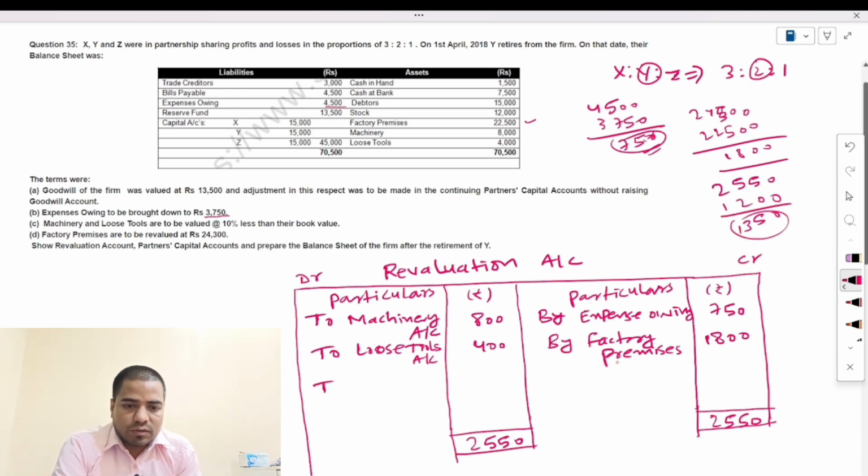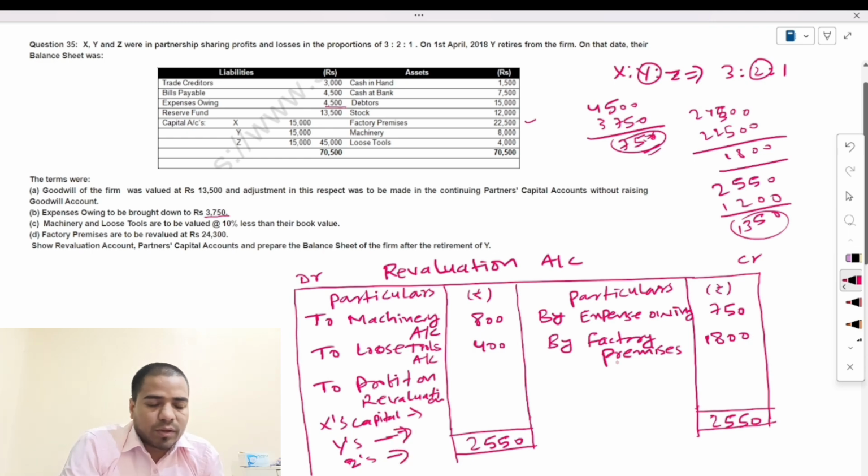We will transfer this one to profit on revaluation: X's capital account, Y's capital account and Z's capital account.